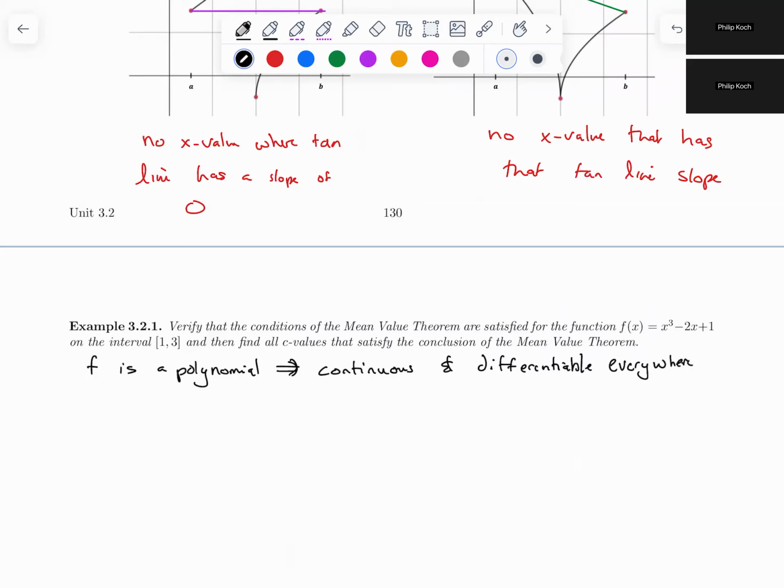Right? Polynomials are the nicest functions that we know of. They have infinitely many derivatives. They're differentiable everywhere, and they are continuous everywhere. So it satisfies. Of course it's continuous on the closed interval 1 to 3 and differentiable on the open interval 1 to 3.